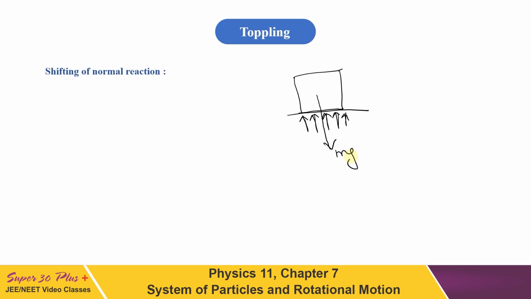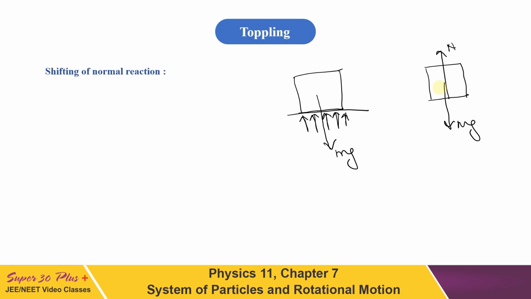To balance the torque of the gravitational pull, the normal reaction has to be applied at the center, because then only will its torque be equal to the torque of weight about any other point. Otherwise, if we draw the normal at any other point, it will have an effective torque and the body cannot be in rotatory equilibrium.